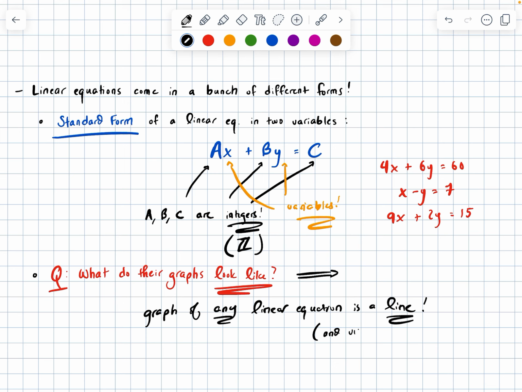If I were to draw a line, there is exactly one linear equation that matches with it. So any linear equation corresponds to exactly one line, and every line corresponds to exactly one linear equation. Cool. Awesome.